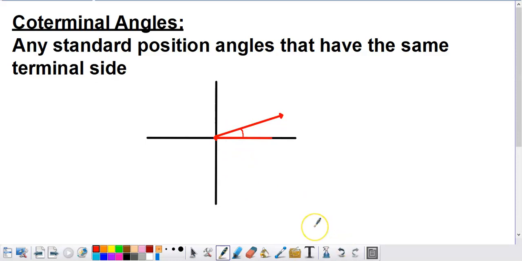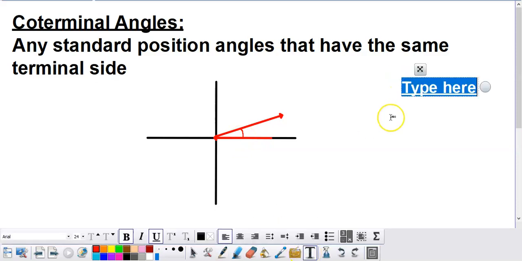The reason why it's possible to have another angle that has the same representation when it's plotted in standard position is this. If I'm going 360 degrees, positive 360 degrees, I'm moving counterclockwise around the circle to get back to here. What if I move 30 degrees beyond that? What if I'm trying to plot the angle 390 degrees?